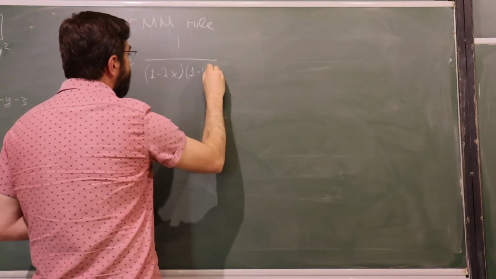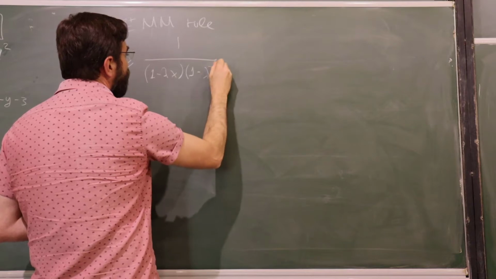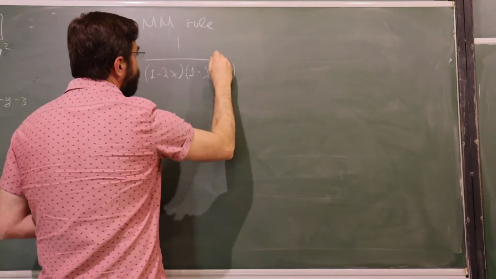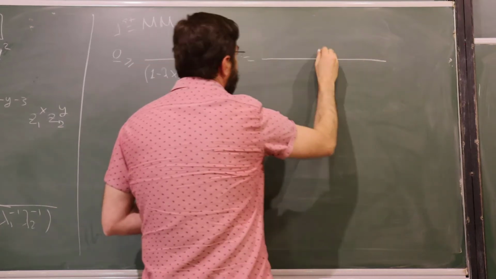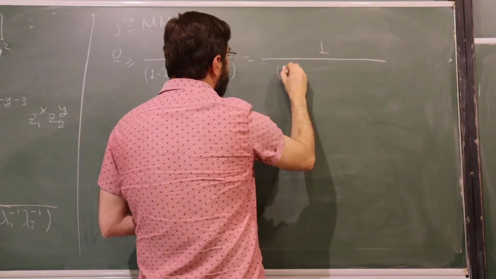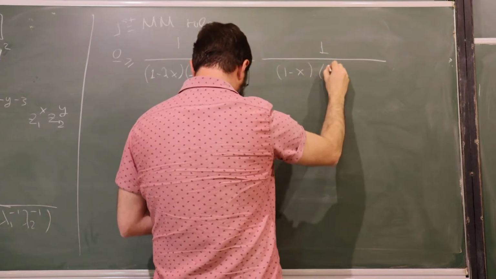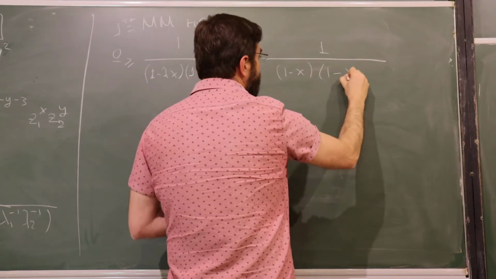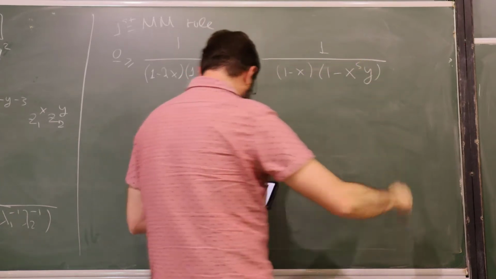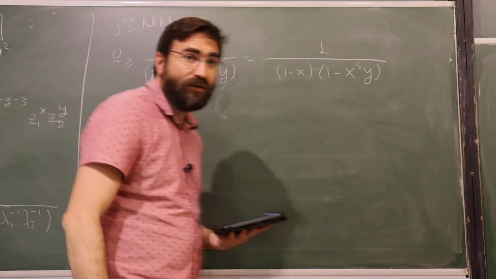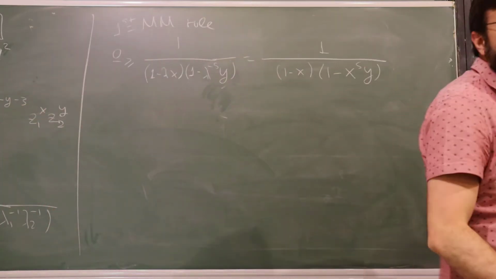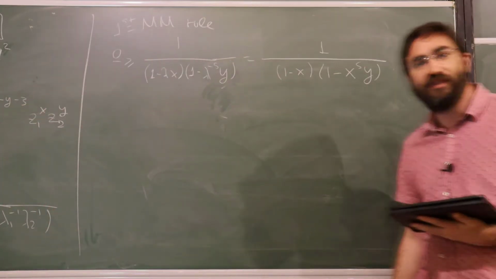Let me write it directly like this. This is 1 over (1 minus x) times (1 minus x to the s y). Okay, so now why is this true? Well, we can prove this. It's not hard to prove.